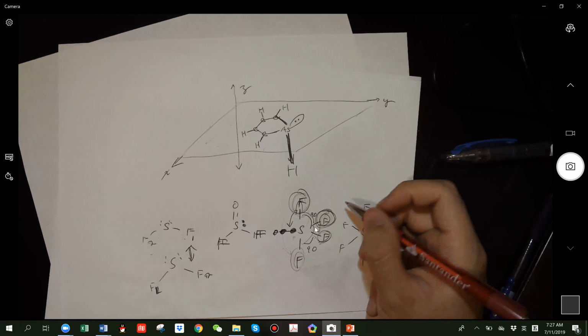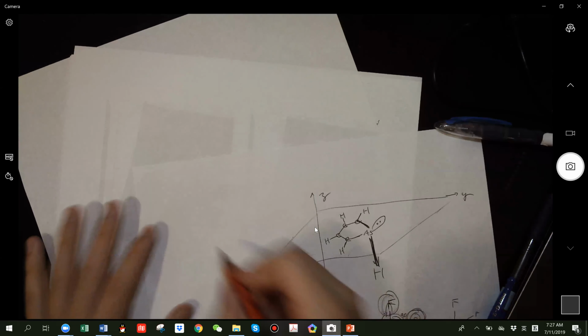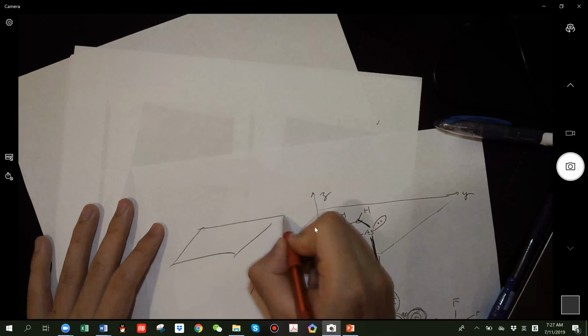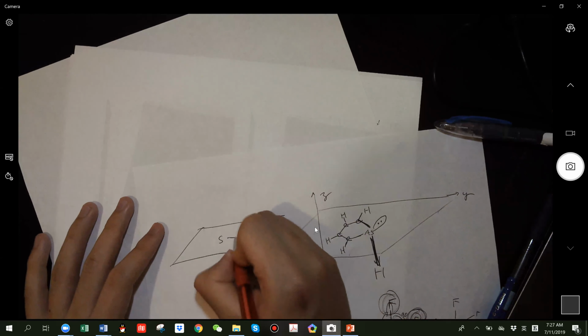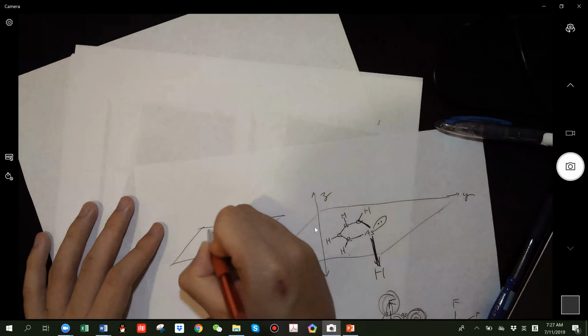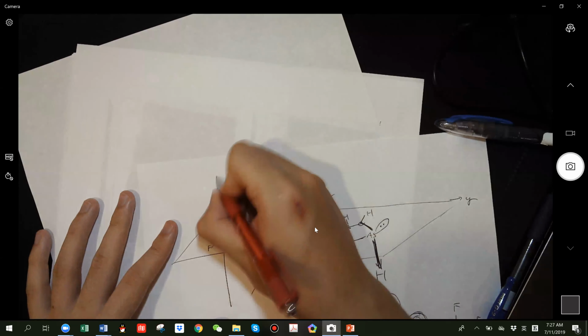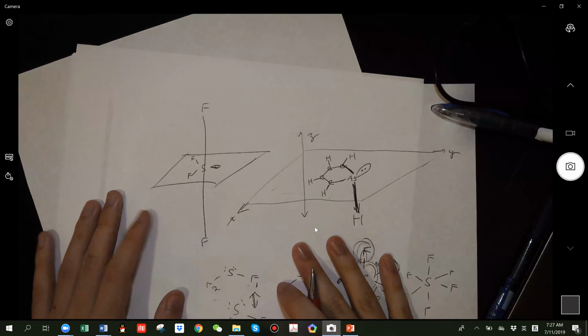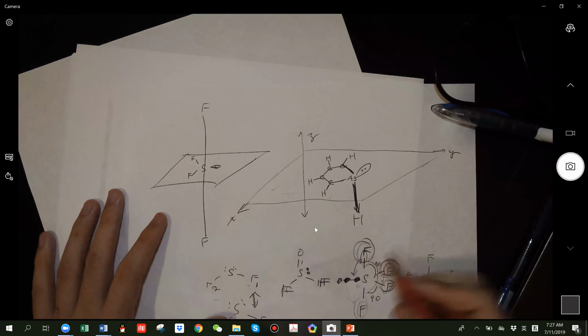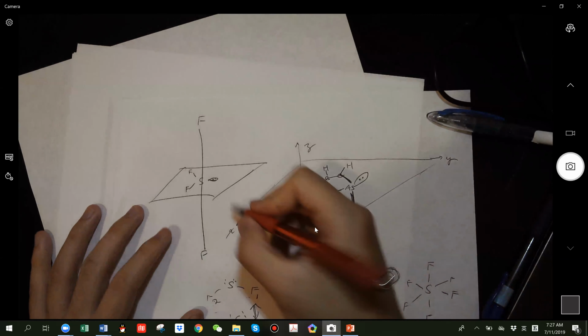And you can imagine, if we draw a plane, I think the best way to imagine it is like you have a lone pair and two fluorines in the plane, and then coming out of the plane, you have two more fluorines. So you can imagine this is almost like a globe.